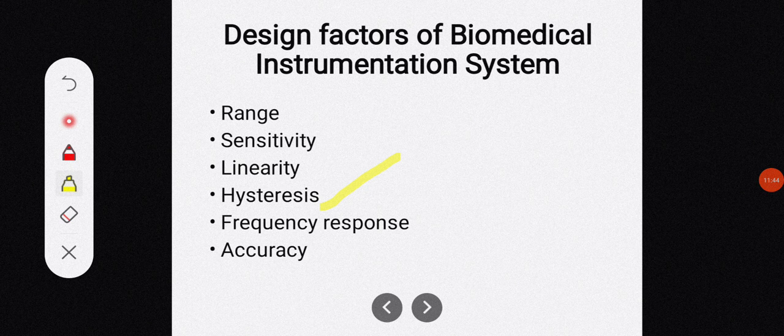And it occurs during loading or unloading, or you can say at the time of ascending or descending direction. Ascending means when you are increasing the value of input, and descending means when you are decreasing the value of the input physiological parameter. So, at the time of ascending and descending, for a certain value of input, if you are getting two different outputs, then we can say that the instrument is having hysteresis.